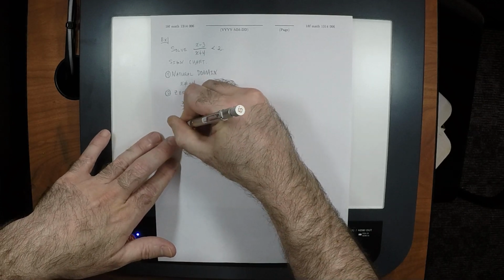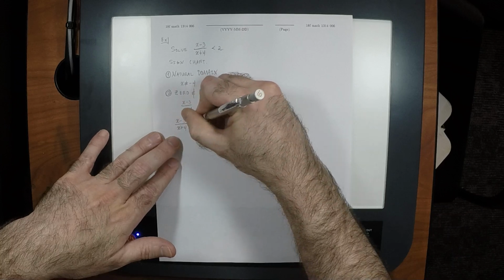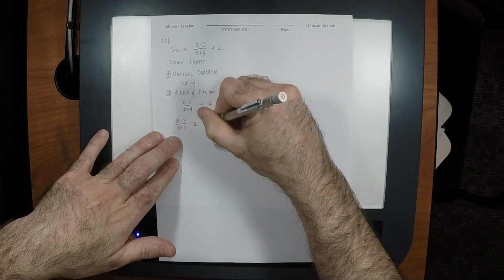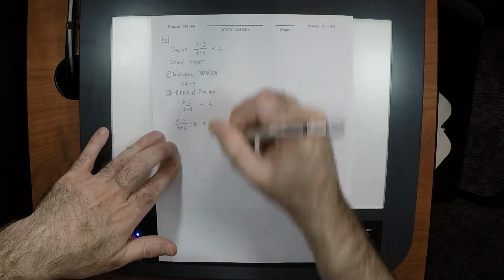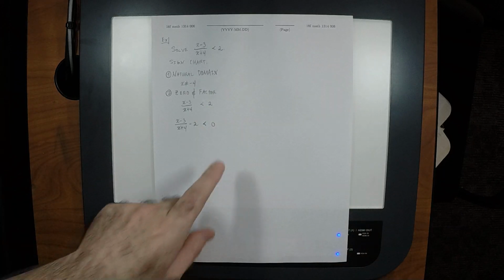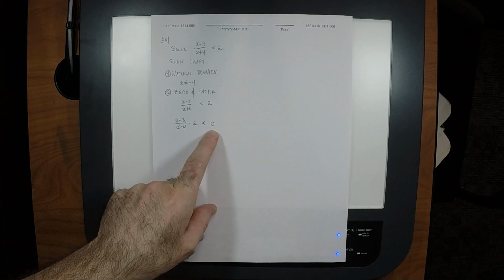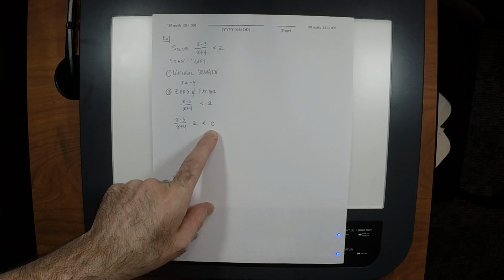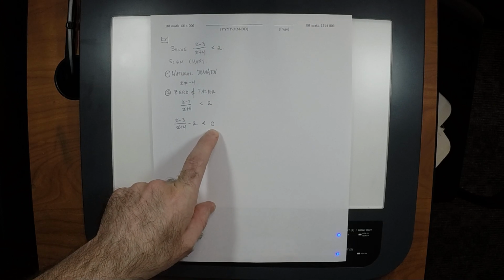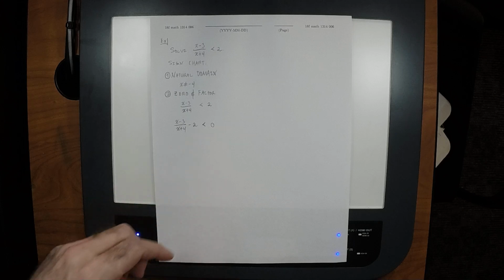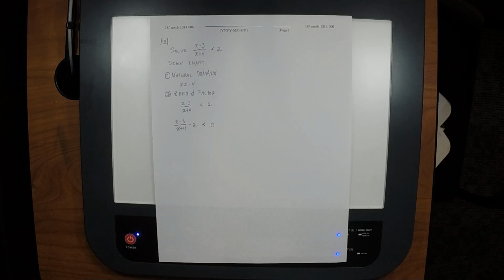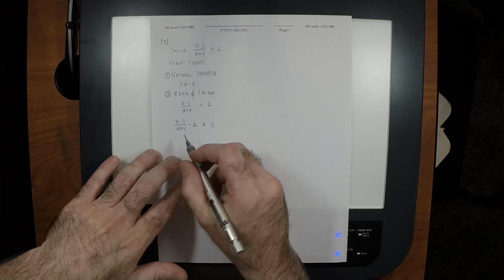X minus 3 over x plus 4 subtract 2 less than 0. All right, so that 0 is why this step is called the 0 and factor step. Now, concerning the left-hand side, we're going to simplify it as much as possible and factor it.